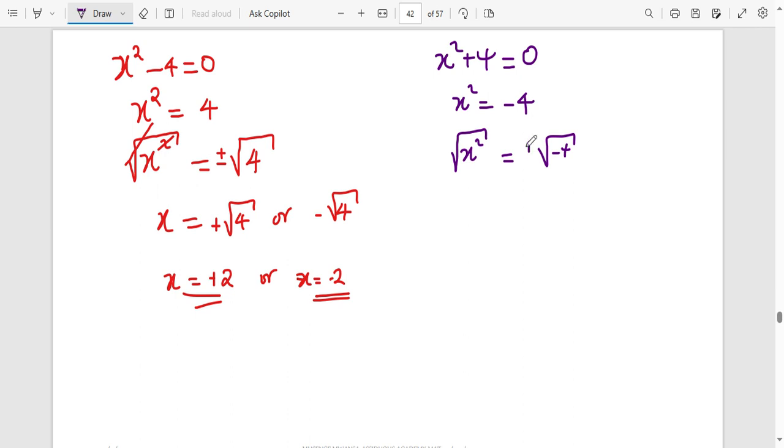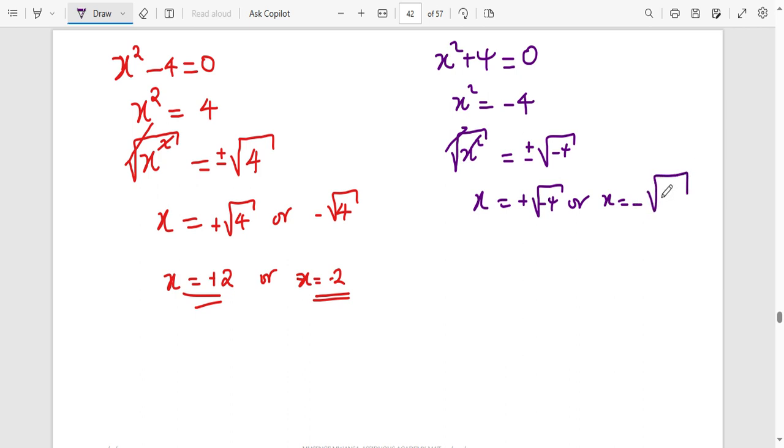But remember, the answer can either be positive or negative. So this gives you that x is equal to positive square root of negative 4, or x is equal to negative square root of negative 4.